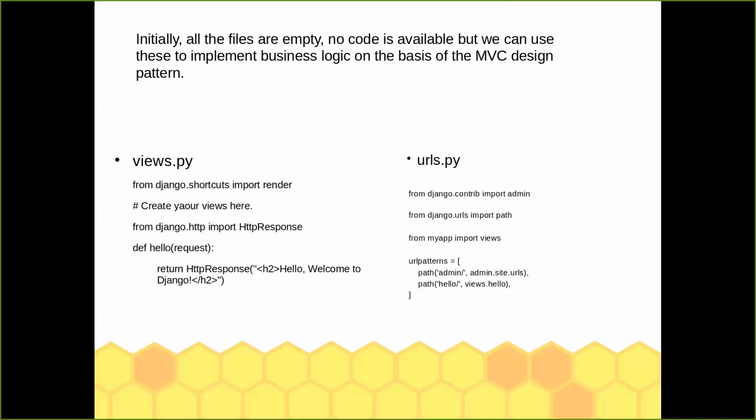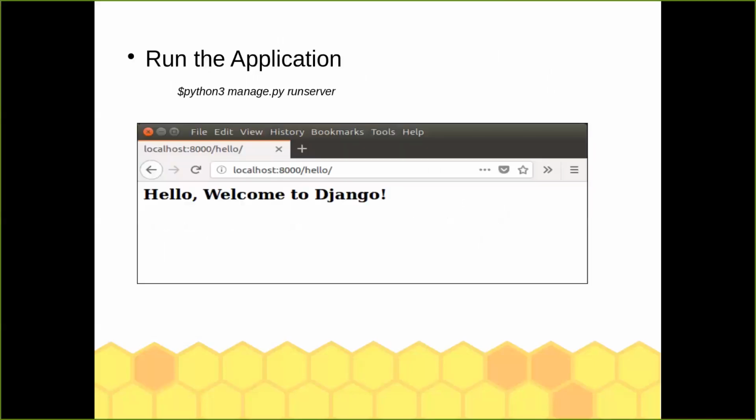Open the views.py file in any text editor and write the given code, and do the same for the urls.py file too. Once again, restart the server, open any web browser and enter the URL localhost:8000/hello. It will show the output given below.